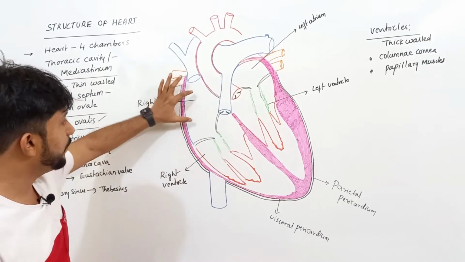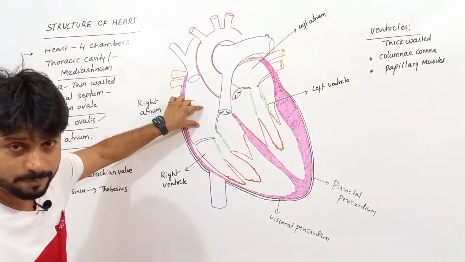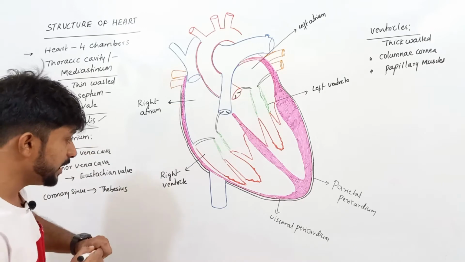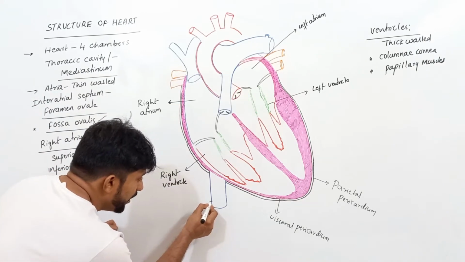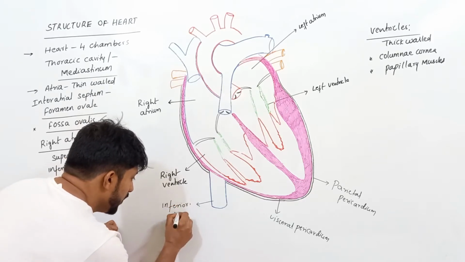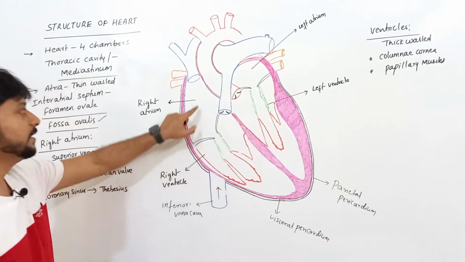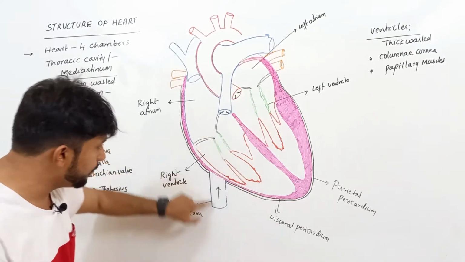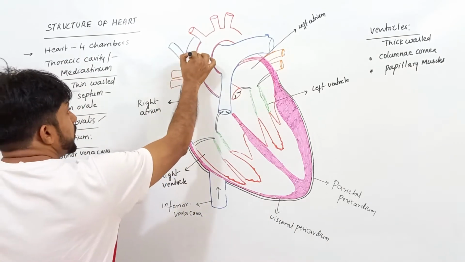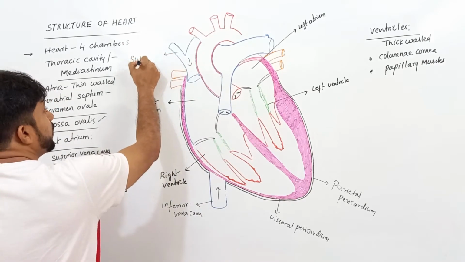Fine. Now your right atrium, as I said, is a larger chamber as it receives deoxygenated blood from all parts of the body by means of vena cava. So this is your inferior vena cava. With the help of this inferior vena cava, the right atrium receives blood from all posterior parts of the body, and from anterior parts of the body the blood is collected by superior vena cava.